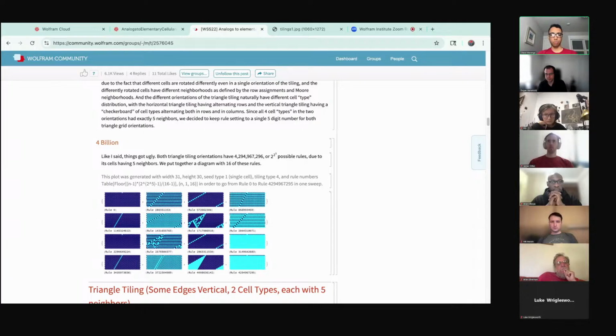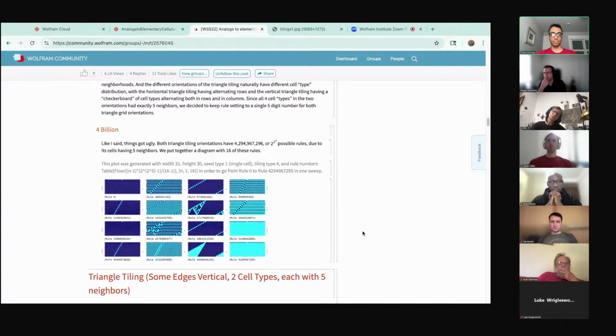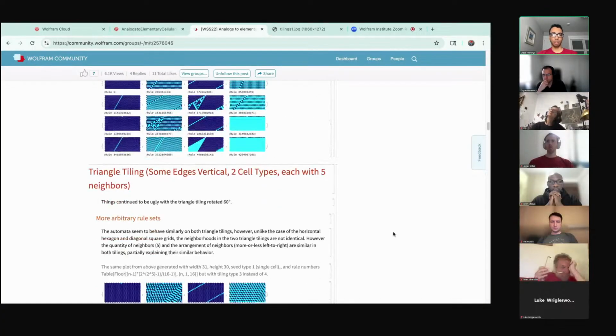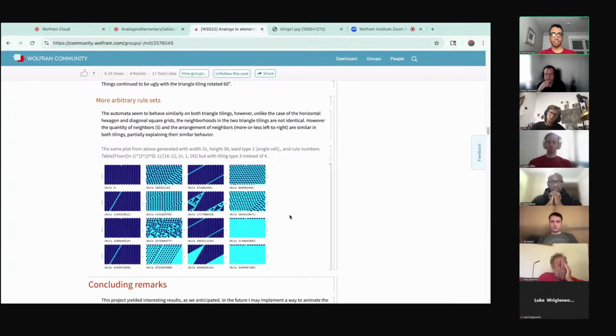You have 5 neighbors for each, so they were kind of all over the place, and it was harder to find a rule set that looked interesting because you would have to make sure everything's symmetrical. But we just finished it up for the heck of it.